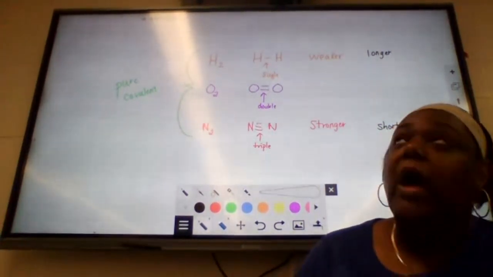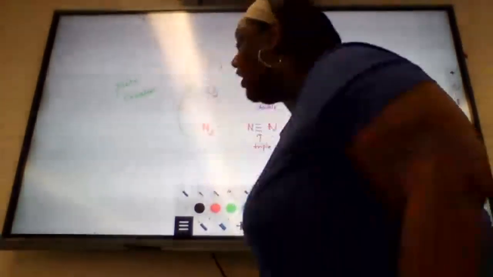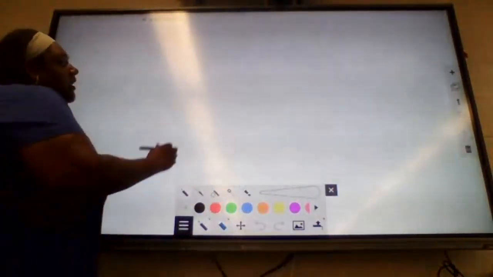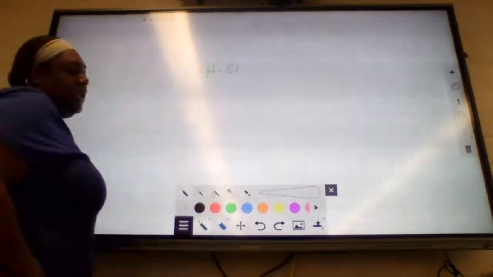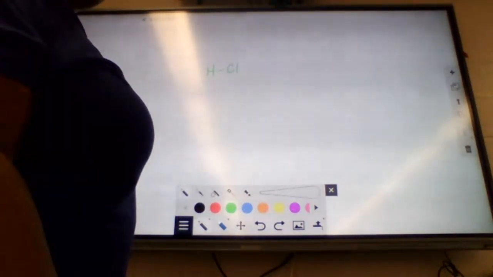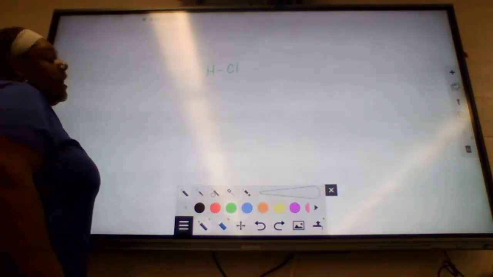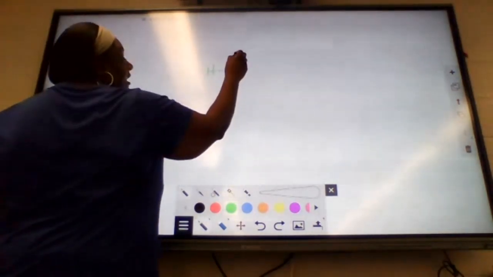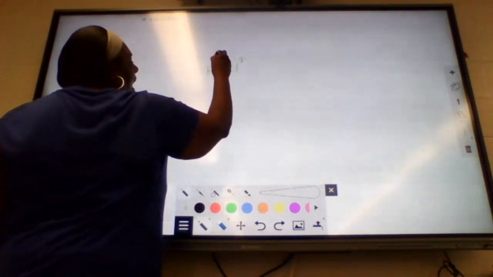Because those electrons are not being shared evenly, the shared electrons actually lie closer to one element than the other. For example, in hydrogen chloride, please notice that chlorine is going to be more electronegative than hydrogen.